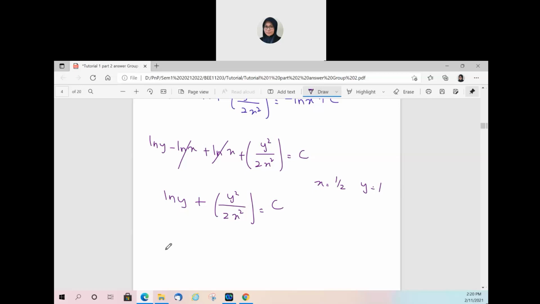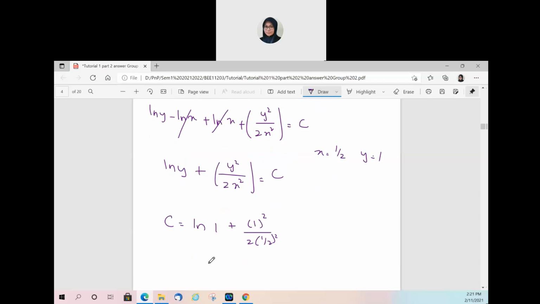Then c equals to ln 1 plus 1 squared over 2 times 1 over 4. What is the value of ln 1?